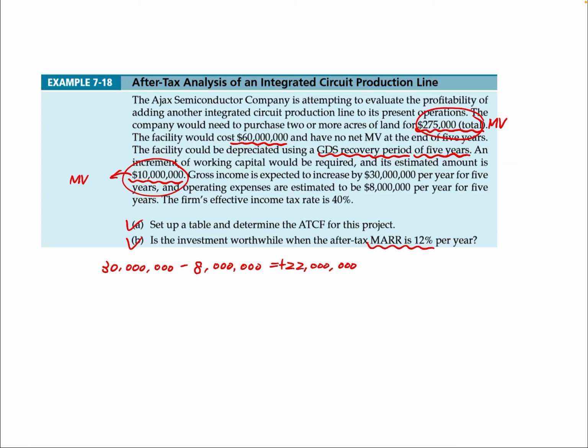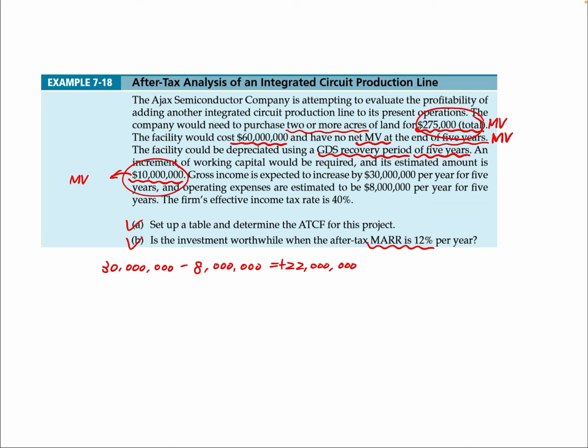So the company would need to purchase 2 or more acres of land. So a piece of land, it costs money, okay? The facility costs money too. It costs 60 million. And that facility's net market value at the end of the 5 years is 0.